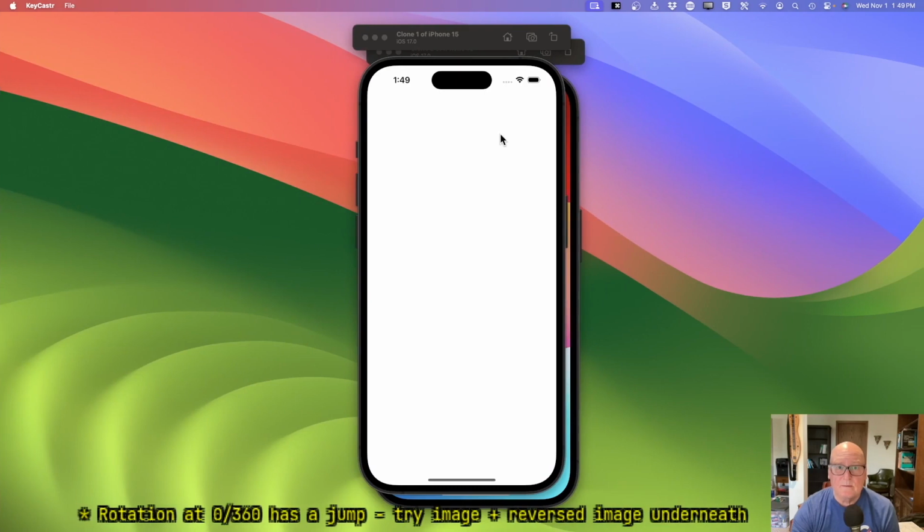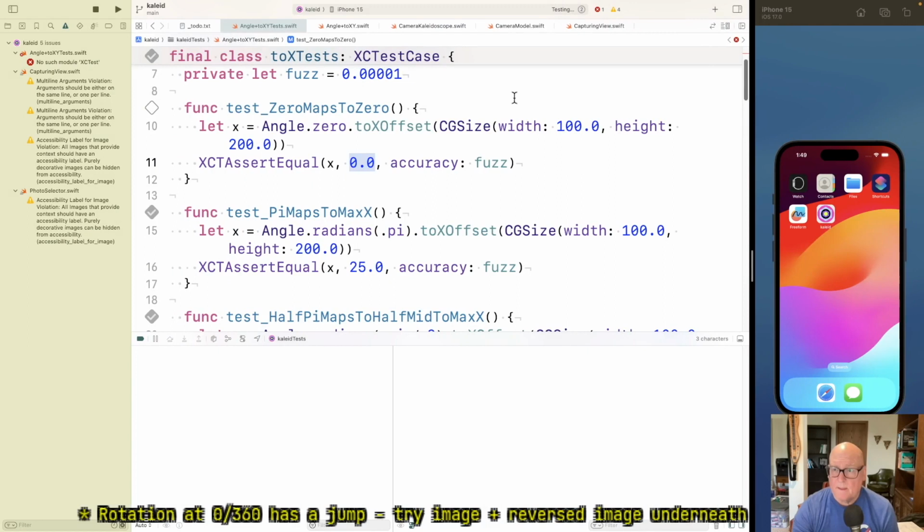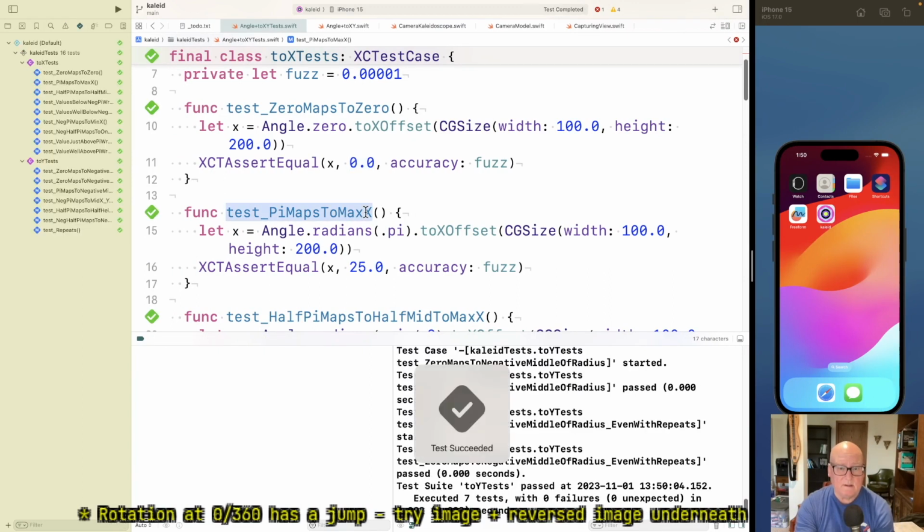Which one of these is running even? Must be this one. Don't really care. All right, and then pi maps to max x. Oh, this is where I'm really... Okay. Pi maps to max x.